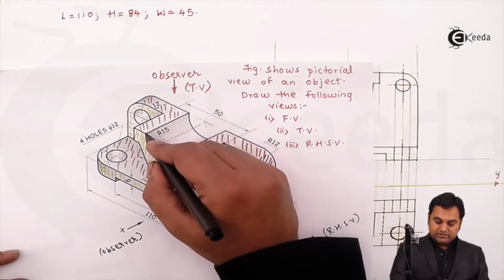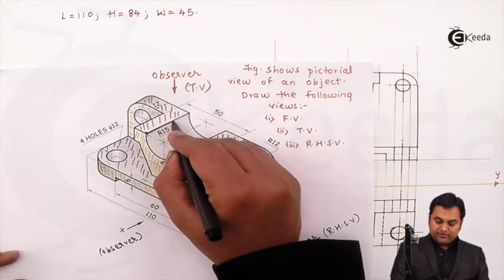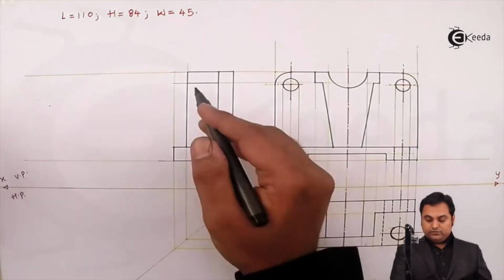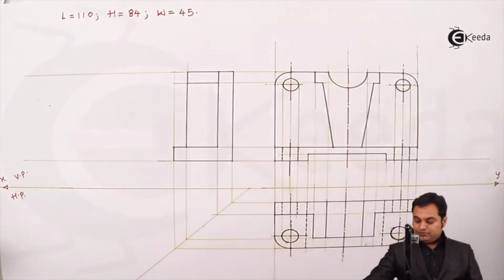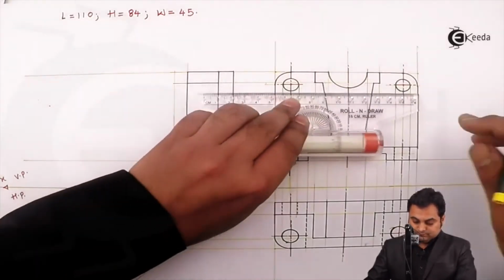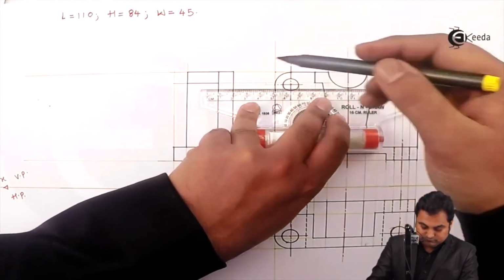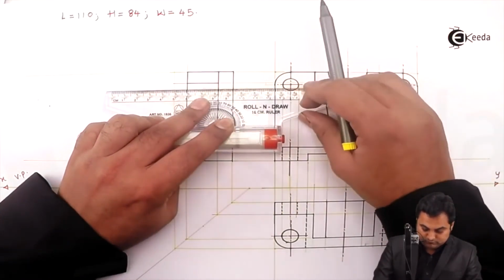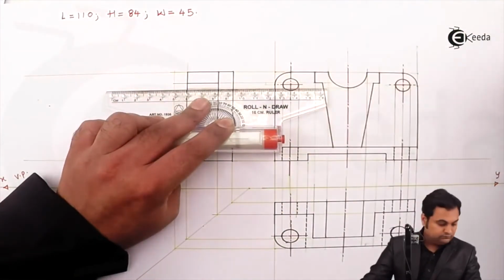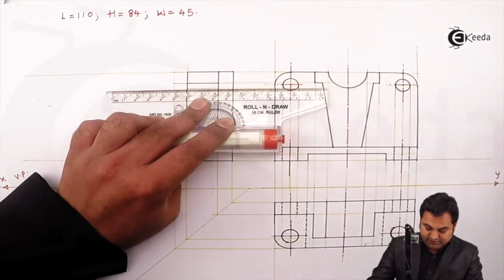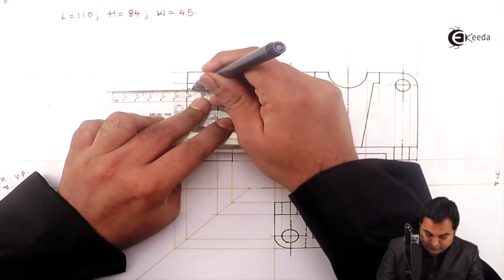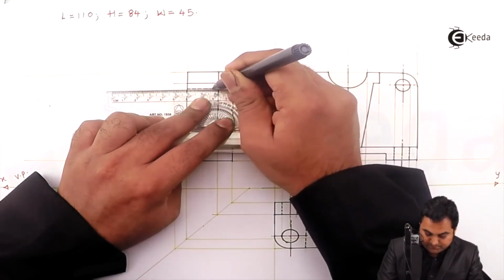So this semicircle is extended up to 35 mm width. So into this 35 mm plate, I'll project the semicircle. Next, since it is hidden, I'll draw it with the help of dotted line.